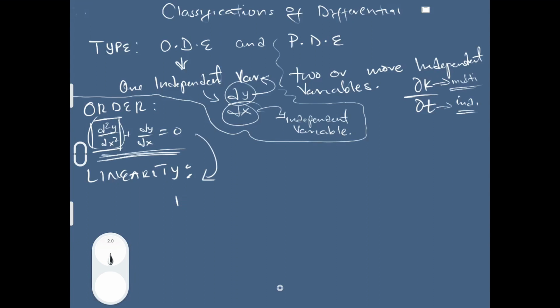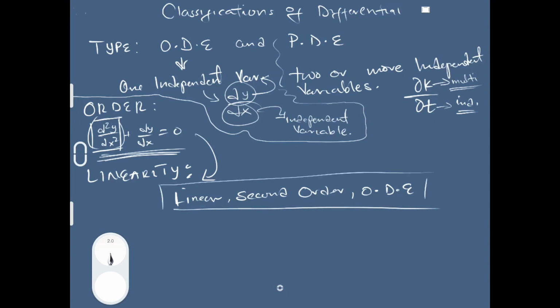We can refer to this equation as a linear second order, not partial, I'm sorry, linear second order ordinary differential equation.